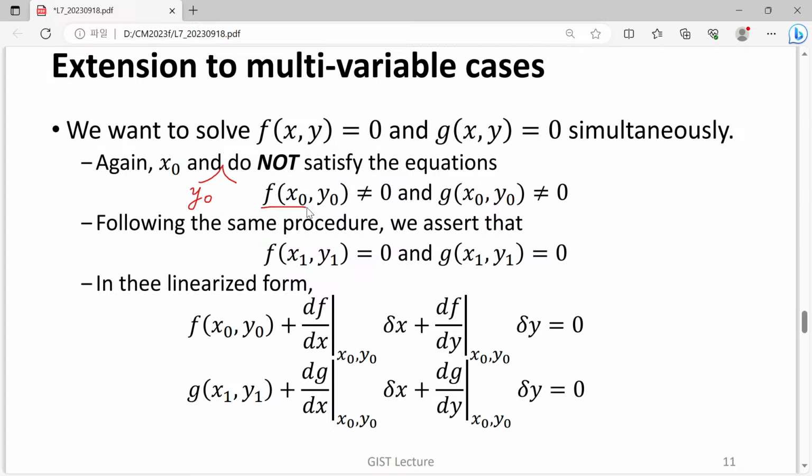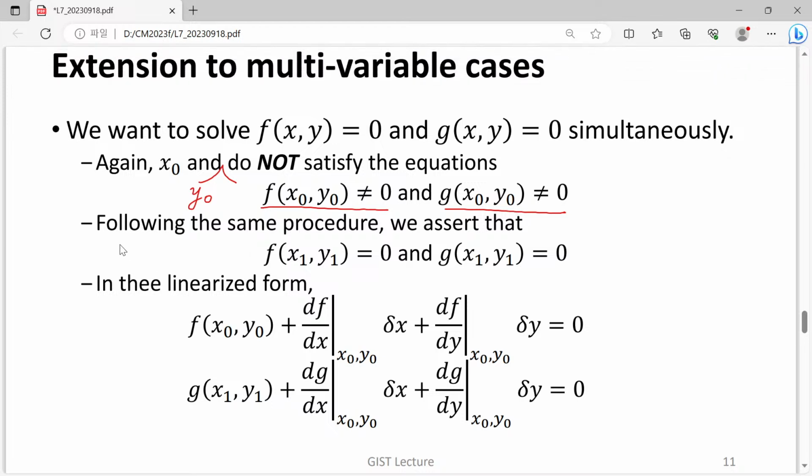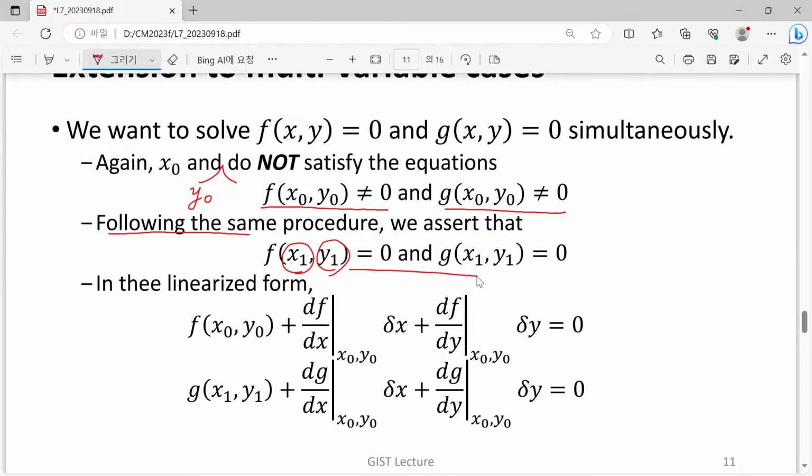So there is no hope that in general these two equations are satisfied. Following the same procedure for Newton iterations, although x naught, y naught are not good, x1, y1 are good. So now we can write down.